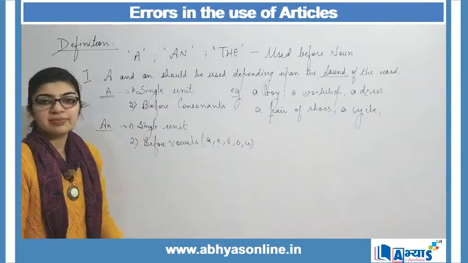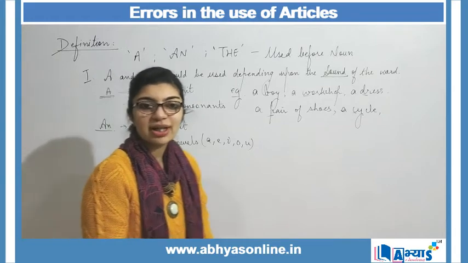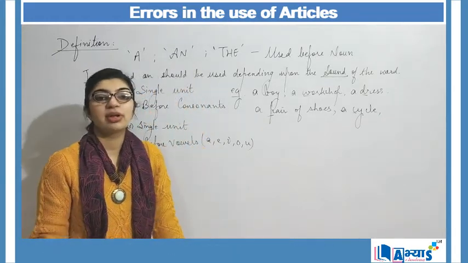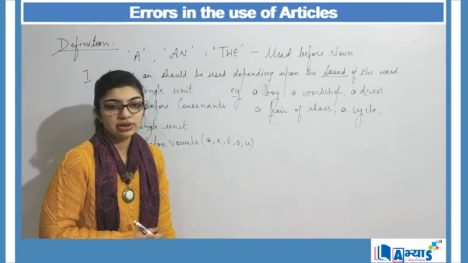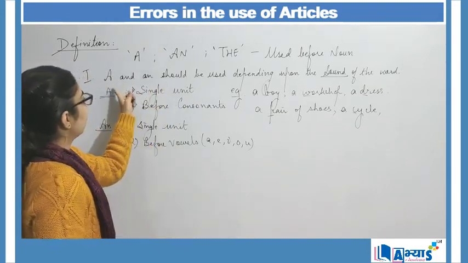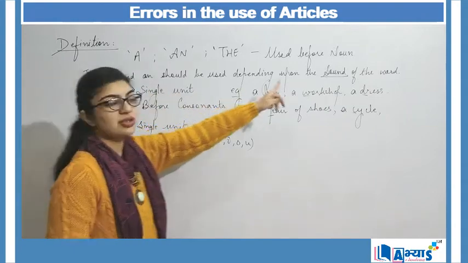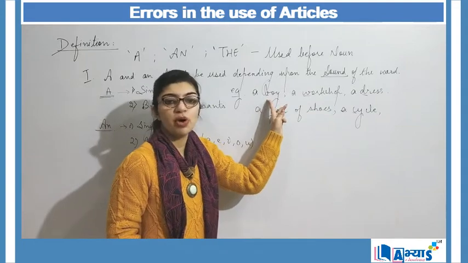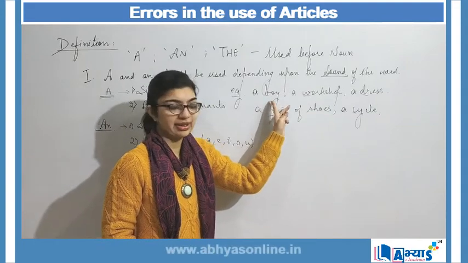Now this was a simple introduction of articles a and an. Now comes the area where people can go wrong. When I say that a and an should be used depending upon the sound of the word, here the sound is boy. I get the sound B.